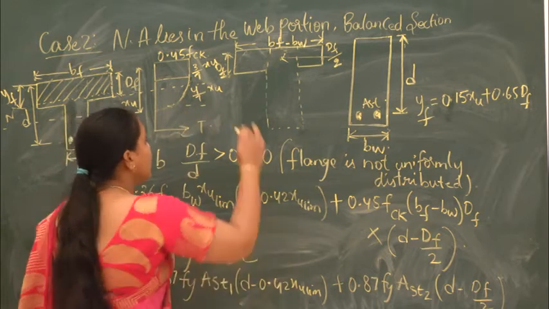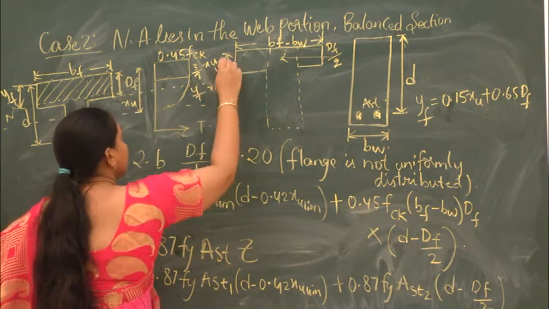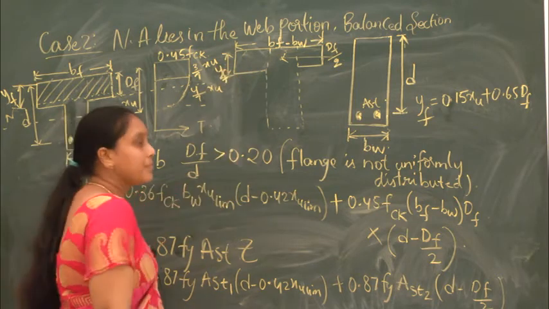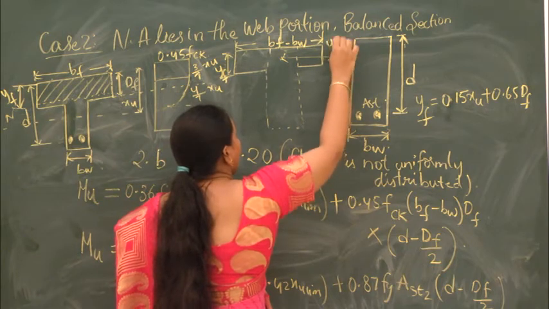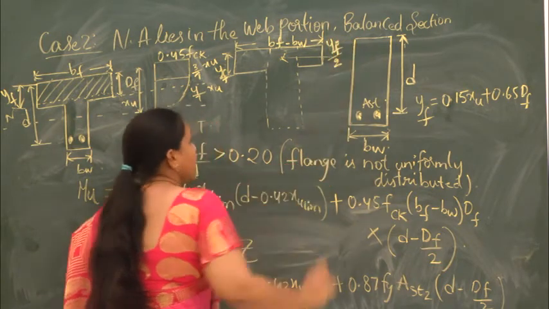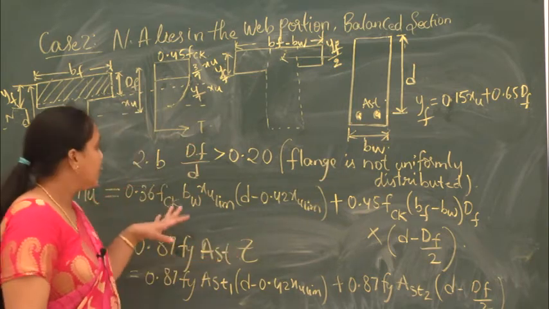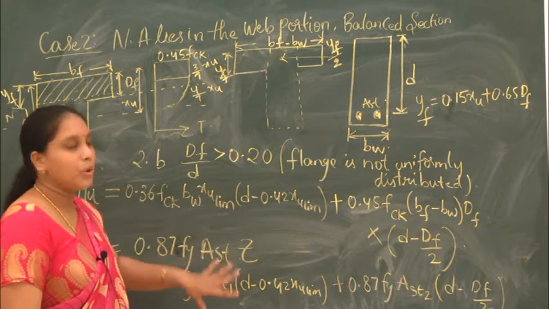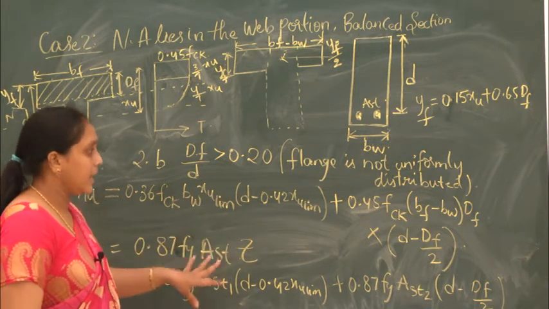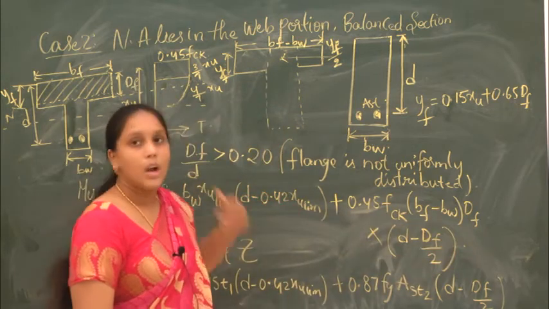So here you have Df. In place of Df, let me substitute Yf, and this distance will be Yf by 2. The similar equations we have for calculating the moment of resistance, and the procedure is the same, but in place of Df we have to substitute Yf.